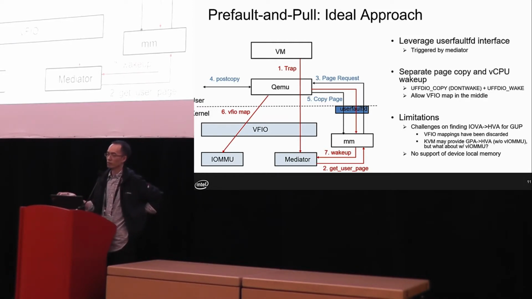But if the virtual MMU is enabled, how can we find out the GIOV to GPA translation? That's a problem. That knowledge currently only exists within the QEMU virtual MMU. So that problem makes it difficult to use get user page.